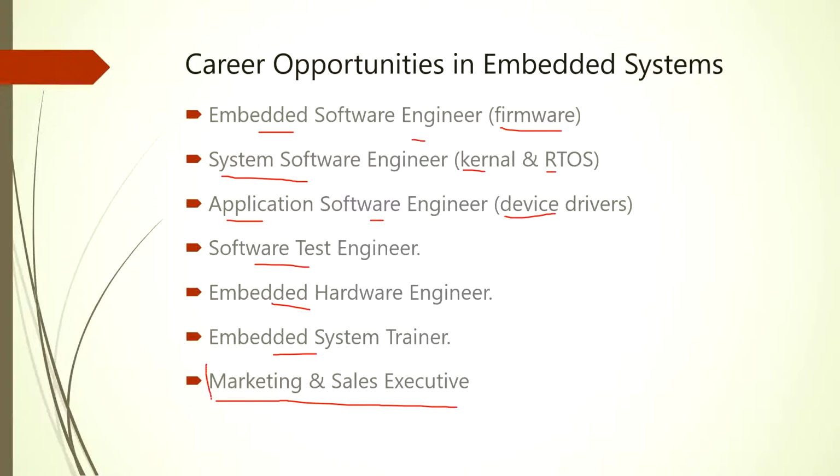Especially the marketing and sales executives, the person acting in that role should have a good amount of knowledge about embedded systems and about the products that they are selling. So these are only some of the areas wherein you can find career opportunities in embedded systems, right? There are many, but I have listed only some here.